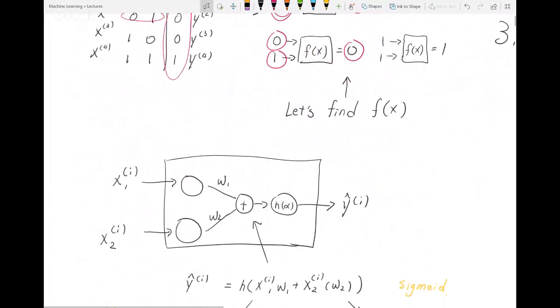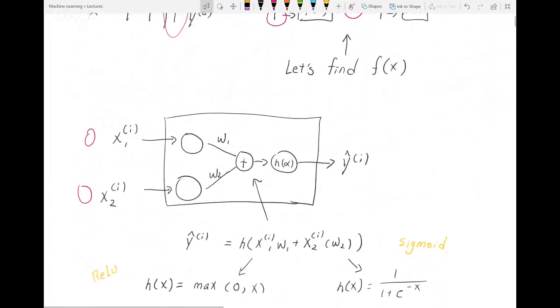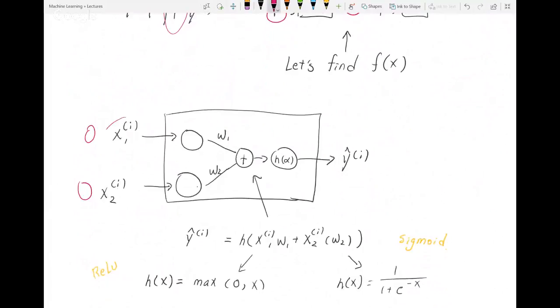The easiest way, which I'm going to assume you probably have seen before, is to put 0, 0 through some kind of neural network. The way it works is that we take whatever we have as x1 and put it into the network, multiplied by w1. You can see it here. We put x1 in, multiply by w1.